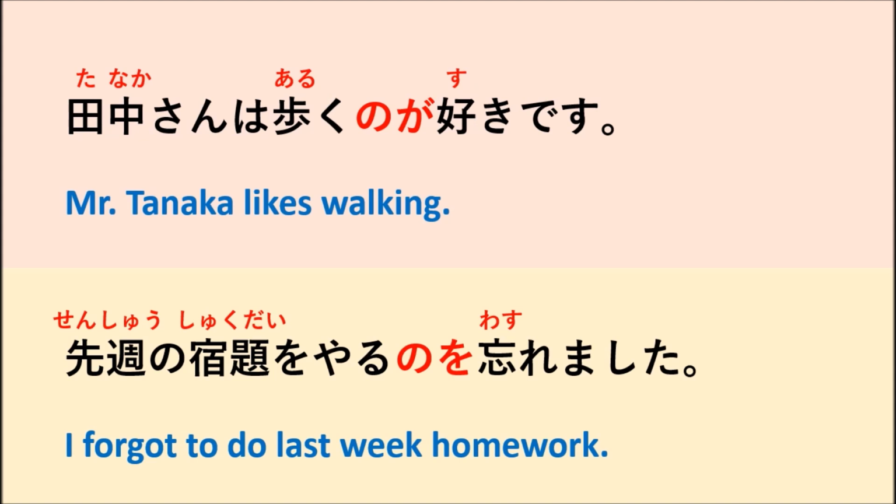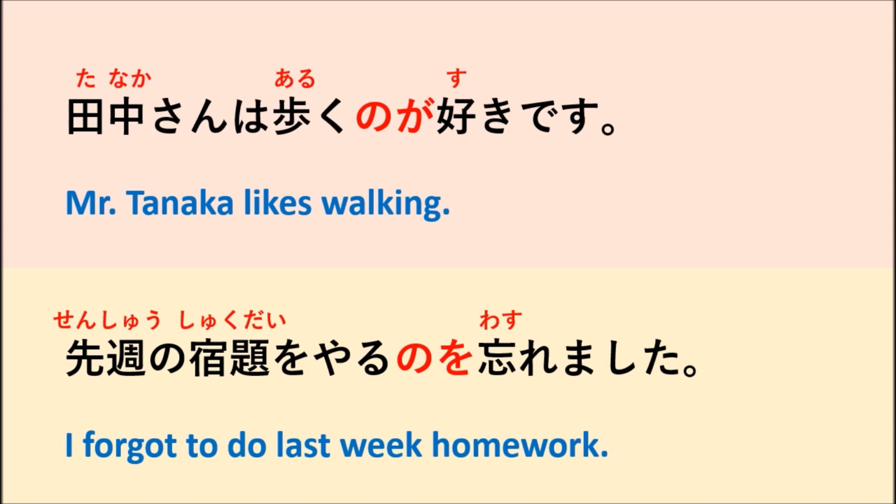And after that, we continue with no ga or no o. After no ga, it should be an adjective. And if you end with no o, it should be a verb. So this is the difference between no o and no ga. When you use no o and no ga, you should consider what you want to explain.